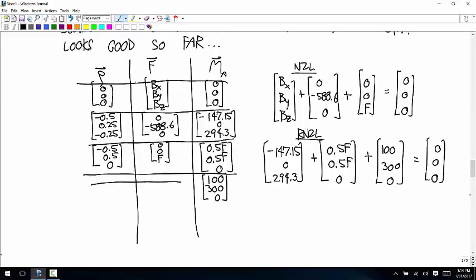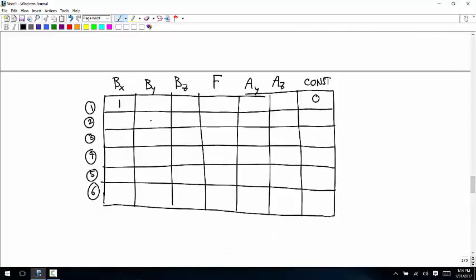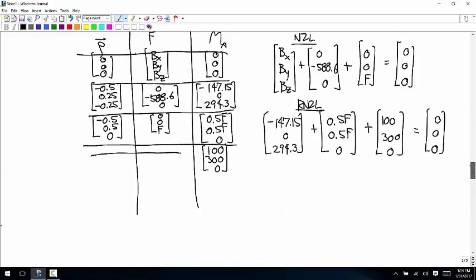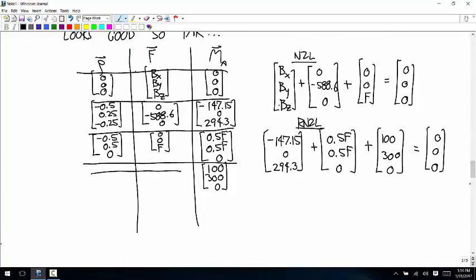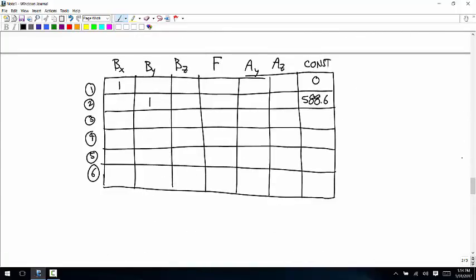The second equation says by is equal to 588.6. So 1 by is equal to positive 588.6. Not really any reason to solve that one either, but I'm going to do it. The third one says bz plus f is equal to 0. So bz times 1 plus f times 1 is equal to 0.